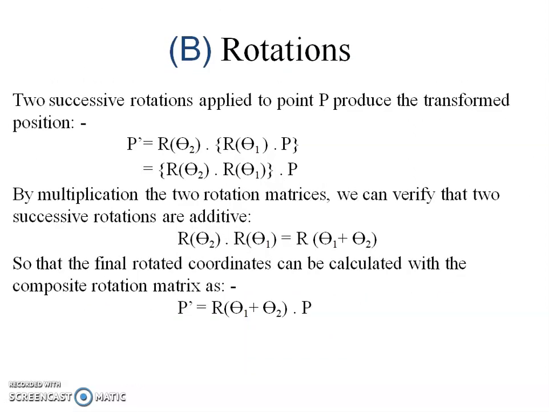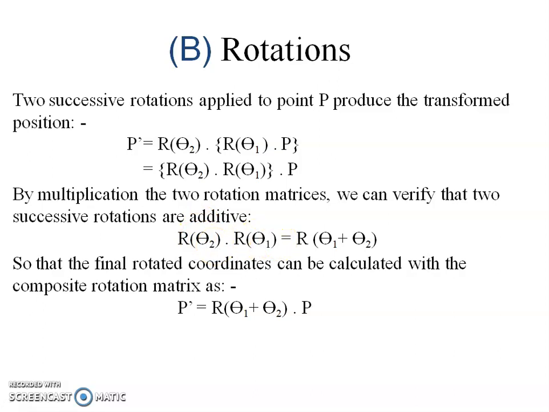Here, successive rotations. Two successive rotations applied to a point P produce the transformed position P dash is equal to R of theta 2 into R of theta 1 into P. The first rotation is taking place first. By multiplying the two rotation matrices, we can verify that two successive rotations are additive. That is, R of theta 2 into R of theta 1 is equal to R of theta 1 plus theta 2.